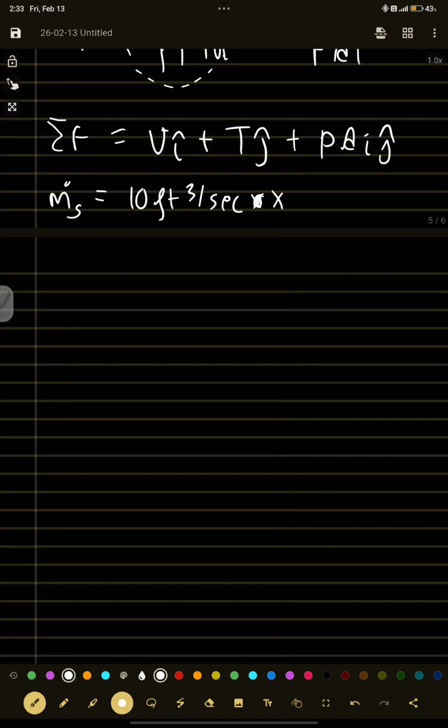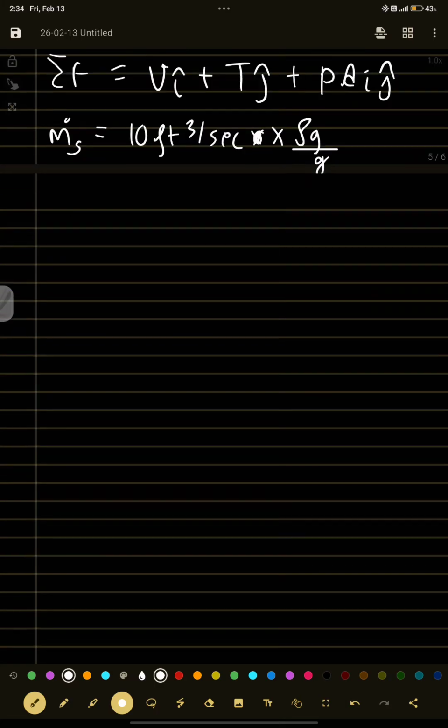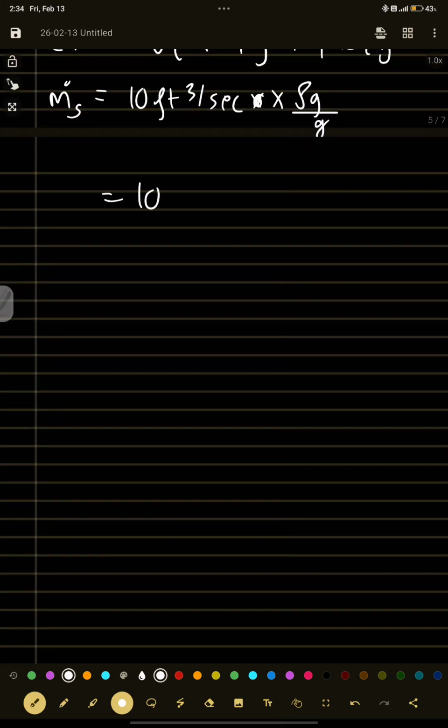That is specific weight, so we have to divide it by G. Rho G by G, so that you get rho. So what did you have? You have total flow into the density. You will have mass flow.